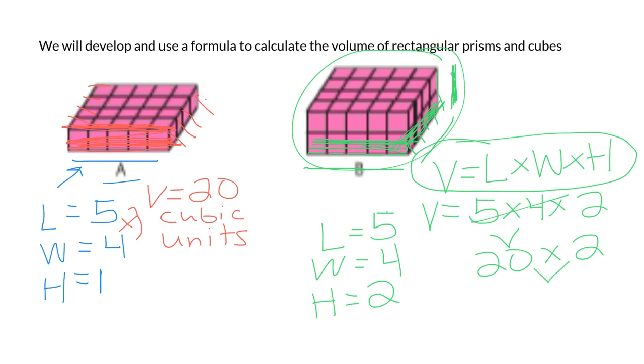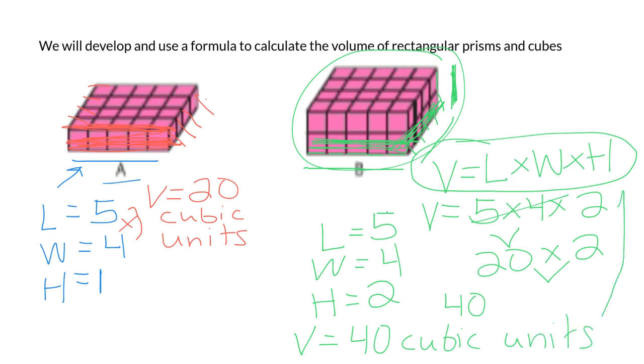And I know 20 times 2 is 40. So our volume of this pink solid, solid B, is equal to 40 cubic units. And we got that by using our volume formula, labeling our length, our width, and our height, and then multiplying all of those numbers times each other.